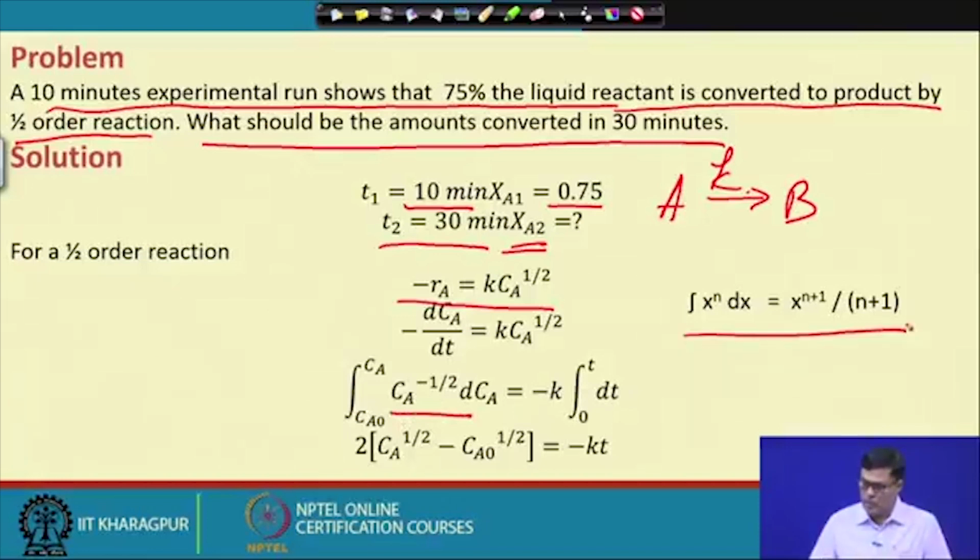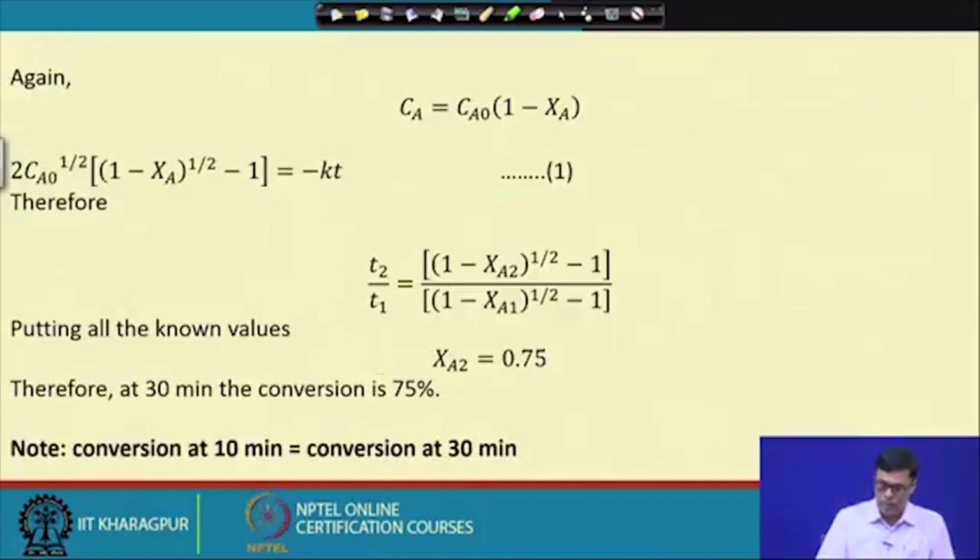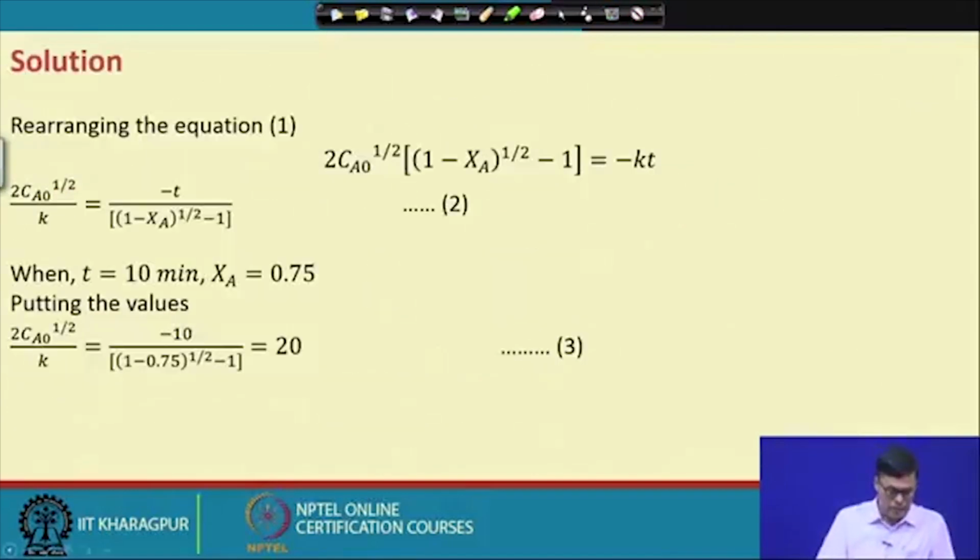This differential equation is solved like this: integral of x to the power n dx equals x to the power n plus 1 divided by n plus 1. If you do similar things here, we get the solution: 2 into Ca to the power half minus Ca0 to the power half, because integration is from Ca0 to Ca, equal to minus K into t.